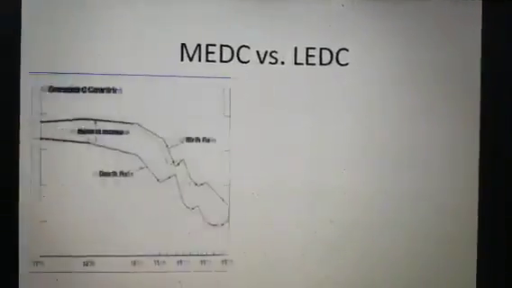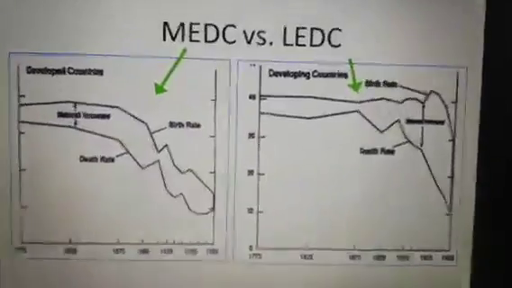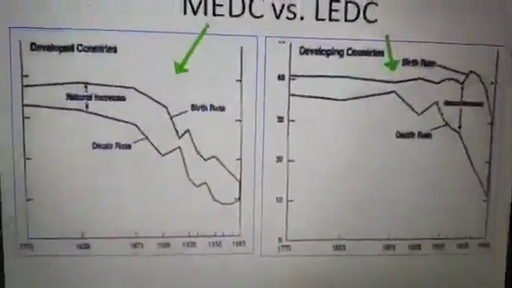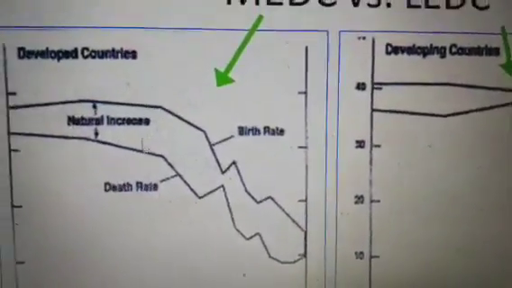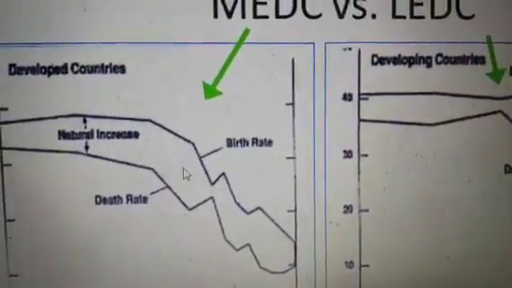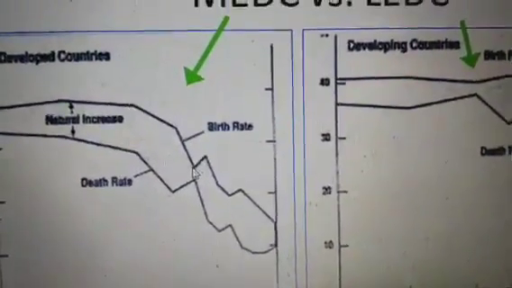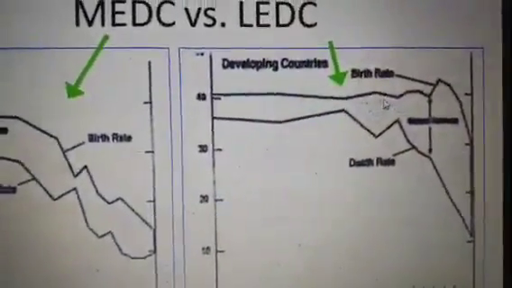So you can talk like this about the difference between MEDC versus LEDC, more developed countries versus less developed countries. You can see that in developed countries, the death rate and birth rate in one state decline very steeply, and in developing countries that takes some time.